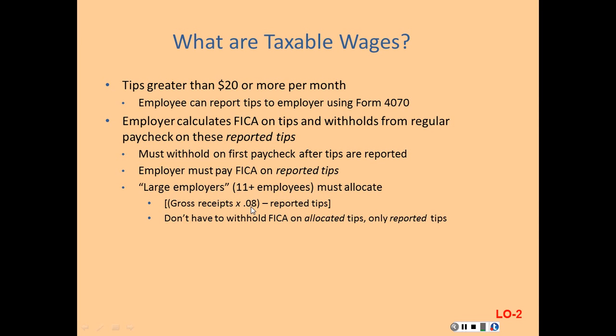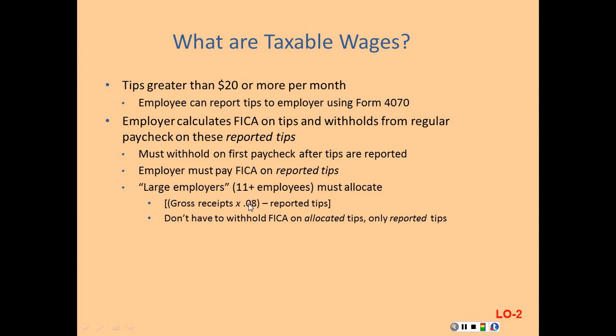We think tips are going to be at least 8%. What do we think of as tips? We think of typically in a restaurant, 10 to 20%. So the IRS is just saying, hey, if you aren't reporting at least 8% in tips, then we're going to make the employer pay it anyway. Not the employee. They only pay on reported tips, but the employer does have this additional obligation to fess up.